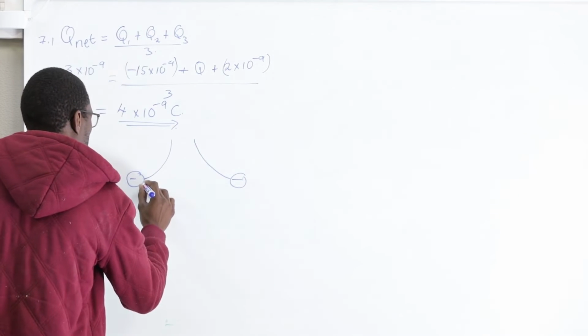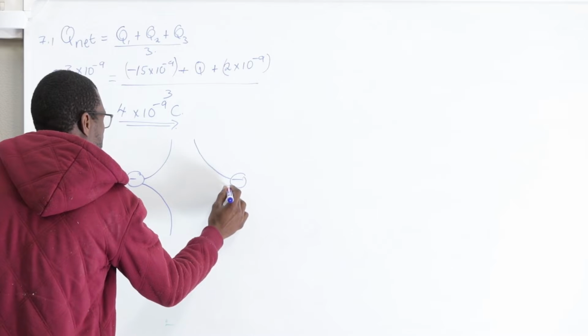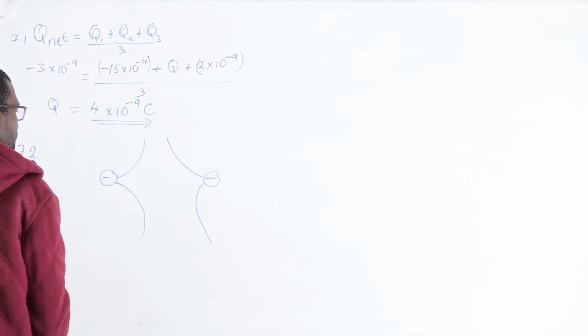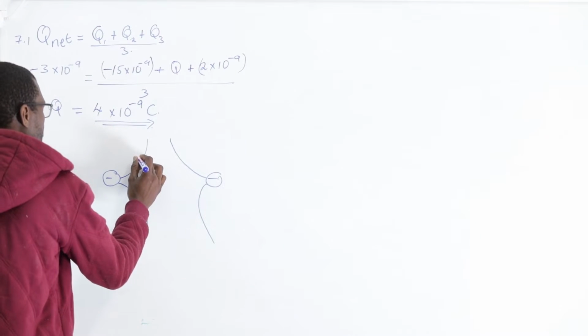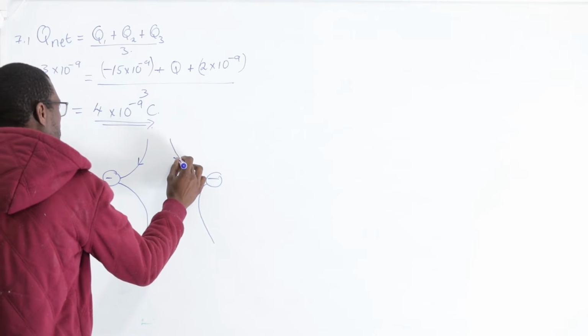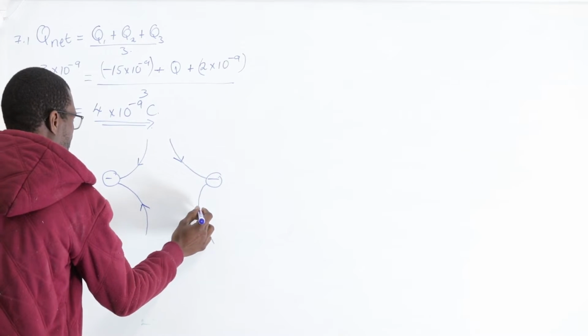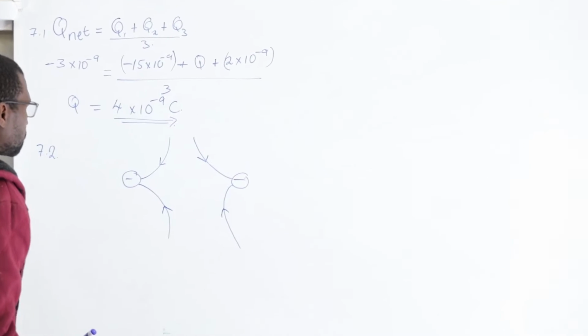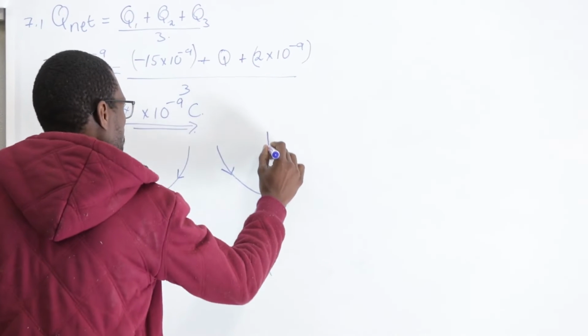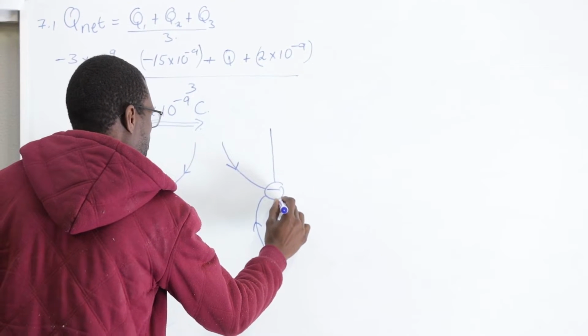So I must see repulsion. The arrows are always pointing towards the negative, because that's the direction that a test positive charge would move. And you can actually add a few more.